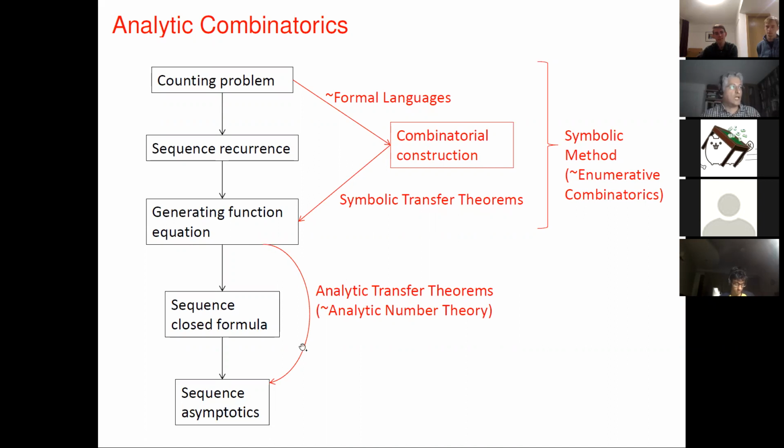That's what allows you to go directly, in the case I showed, from the closed formula for the generating function to the asymptotics. But there are cases when even if you cannot solve for the generating function, if it's given just implicitly, you can get the asymptotics.